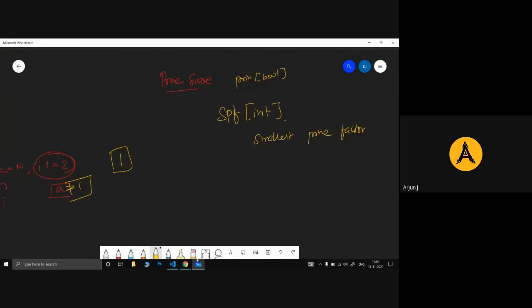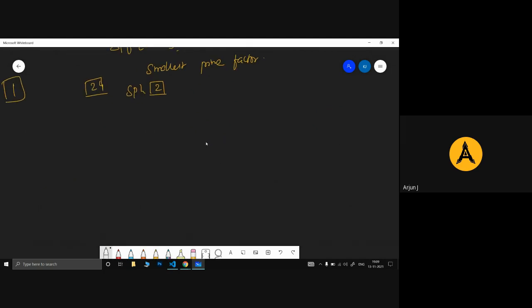For example, if we want the prime factors of 24, the smallest prime factor of 24 would be 2 in our SPF. So we start dividing 24 by 2. First, we get 24 divided by 2, so 24 will now become 12. And then in the prime factors vector, we push back 2. Now, the smallest prime factor for 12 also is going to be 2.